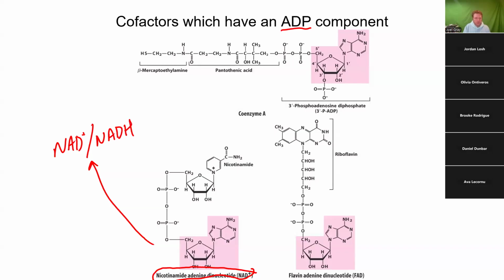I'll give you a hint. This one has a positive charge, this one's neutral. How can we get something to go from positive to neutral? It can gain an electron, right? But what I'm asking is what class of enzymes use this NAD plus? Oxidoreductases. Perfect.